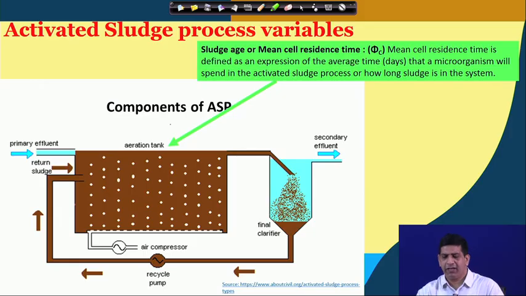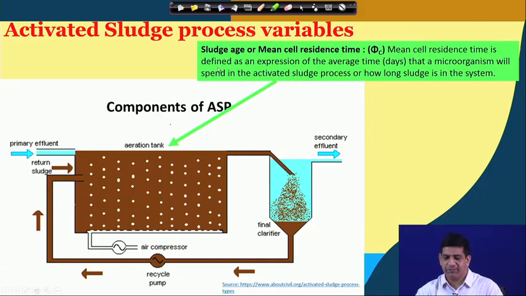Then cell age: the older the microbes become, the less active they are. Less active means your degradation rate will go down. So, we need to look at how frequently we need to add newer microbial mass to the system.